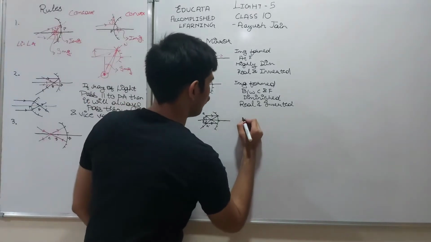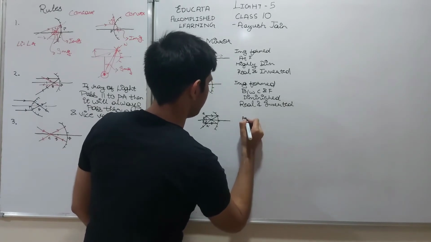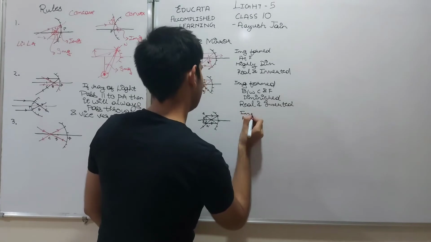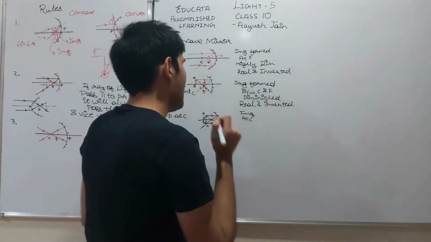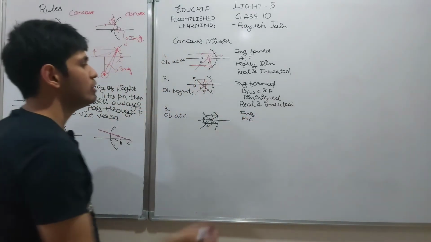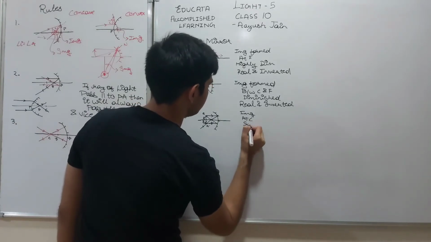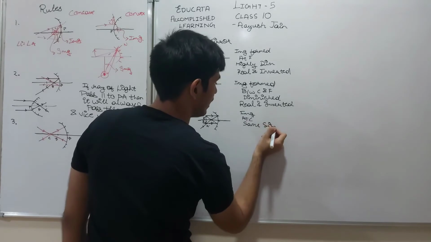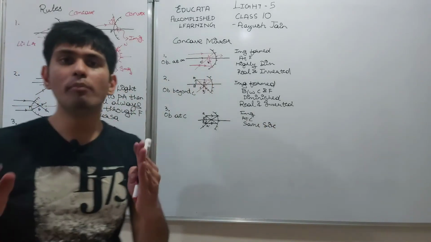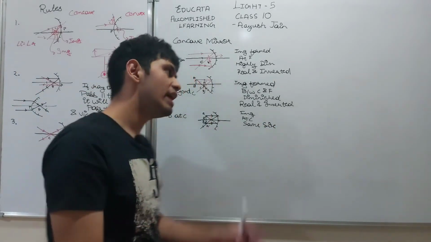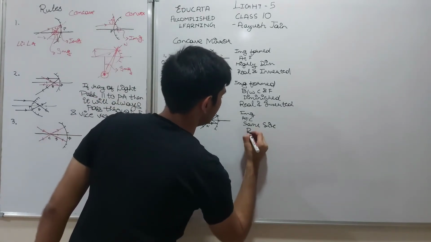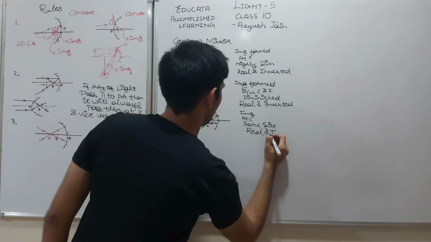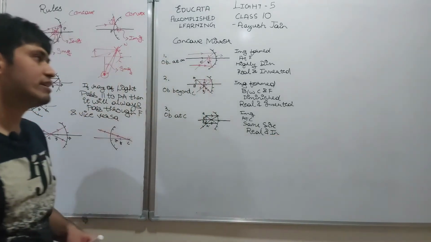Okay, so the image formed is at the center of curvature, and the image formed is of the same size, and also this image formed is basically a real and inverted image. Okay, so this diagram is clear to you, I think.